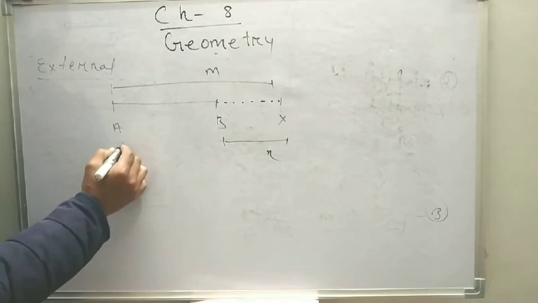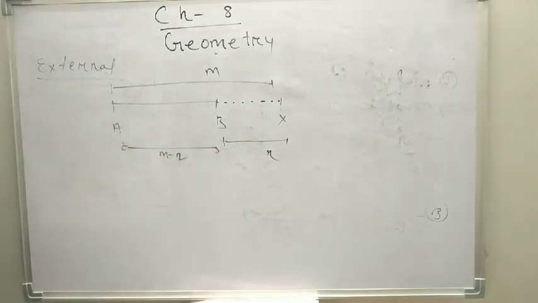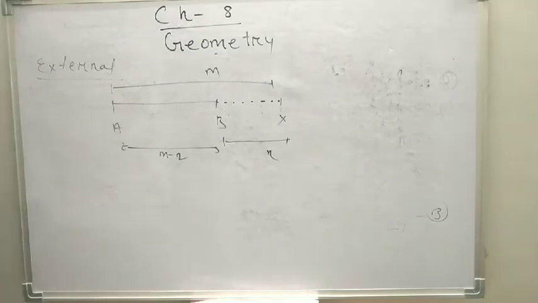Then from here to here, it is m minus n part. Yes, it was total m, it was total n, so we are getting m is to n parts.